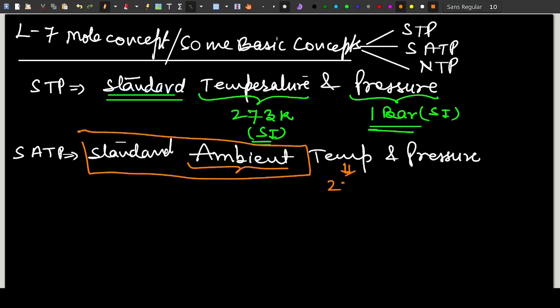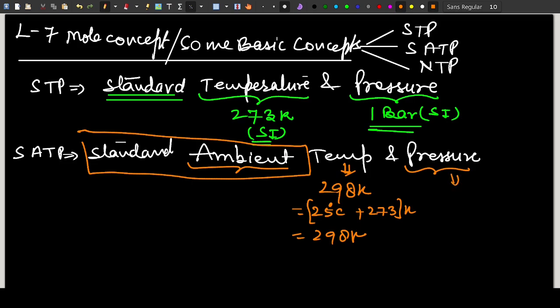The temperature is little different. It is 298 Kelvin. In fact, it comes from 25 degrees Celsius plus 273, and this is the Kelvin. That's why it is 298 Kelvin. The value of the pressure remains the same, no change at all.